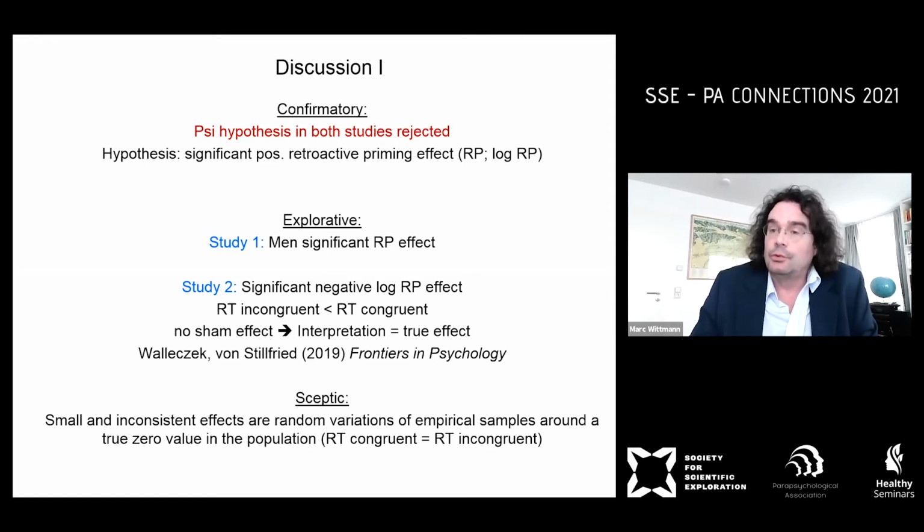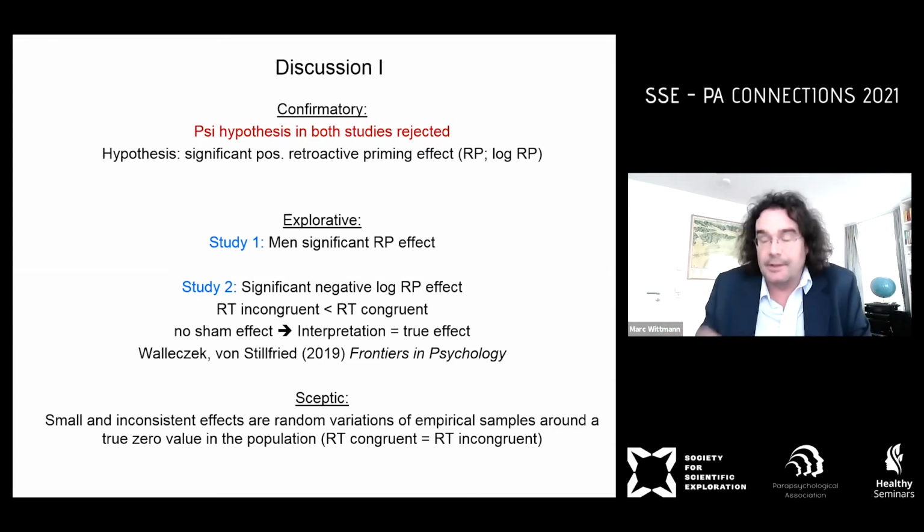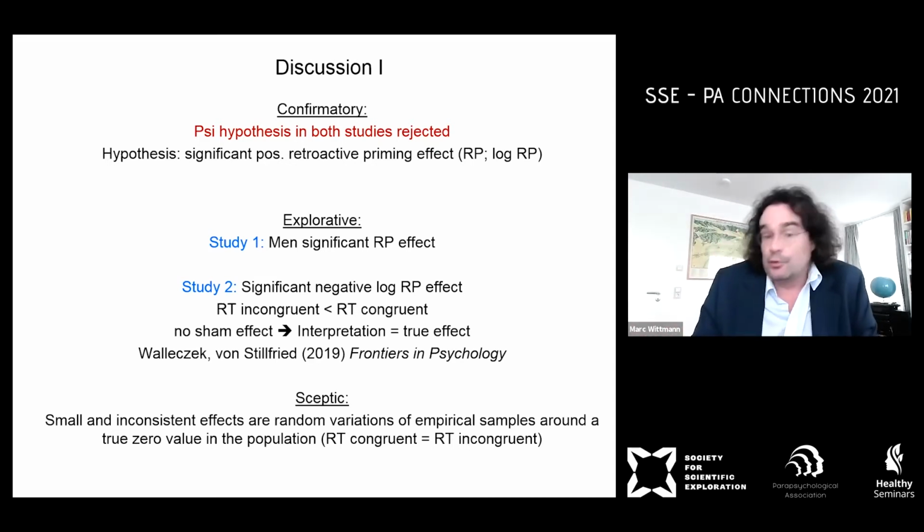And in study 2 we found a significant negative log RP effect in the other direction. So smaller reaction times to incongruent than congruent trials. And there's no sham effect, which, if you take the paper from Scheck and von Stilfried in Frontiers in Psychology, the interpretation would be: if we have an effect in the main task, we have a true effect. So no false positive.